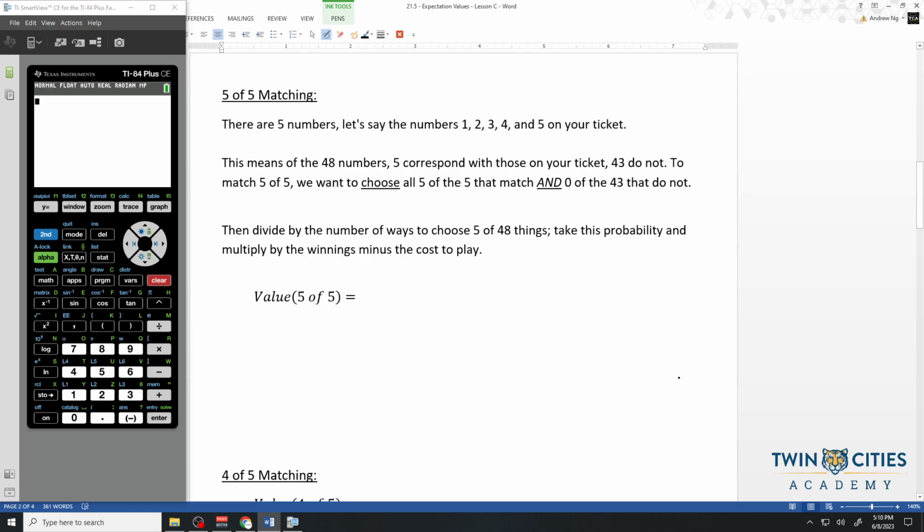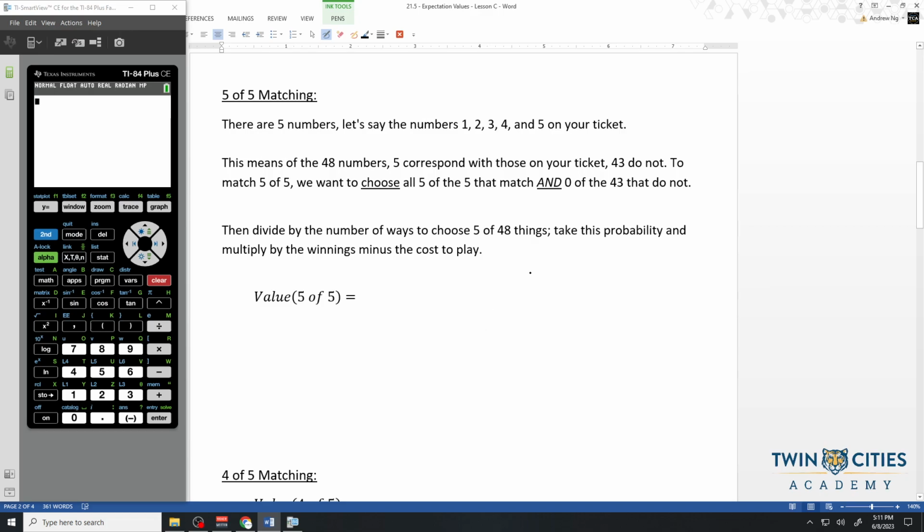If there are 5 numbers, doesn't matter what you pick, could be just 1, 2, 3, 4, 5, and there are 48 numbers in total with 5 chosen, then we want all 5 of the numbers on our ticket to match, and we want 0 of the 43 that are not on our ticket to show up, not match.